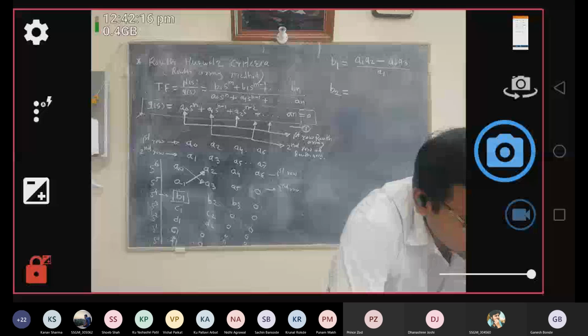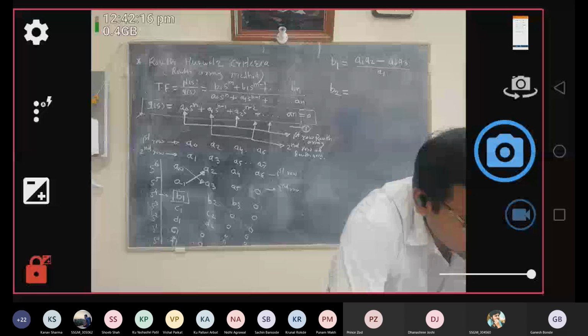In step 1, you have to prepare the Routh array. Once you prepare a Routh array, in the second step, from this Routh array we can find out the stability. So how to find out, I can tell you. Just note down this Routh array and the sample formulas, how to complete the Routh array.